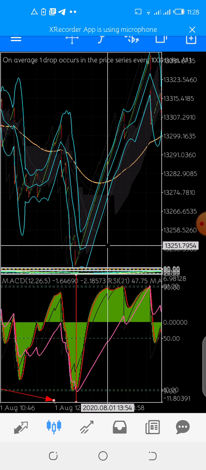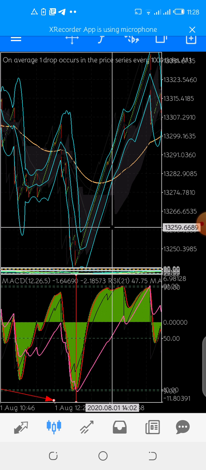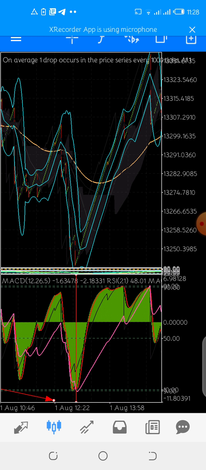Okay, so make sure you confirm these peaks, like it touches level 90 on both M1 and M5, and let it be that you have squeezed to the last zoom level.